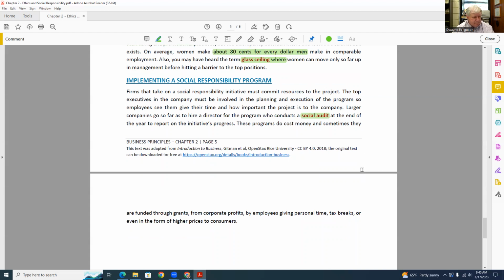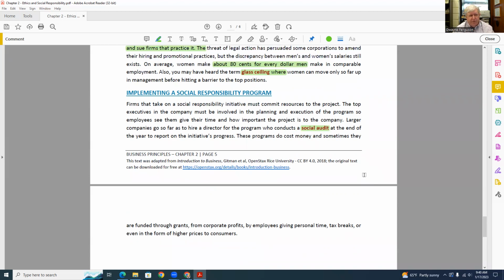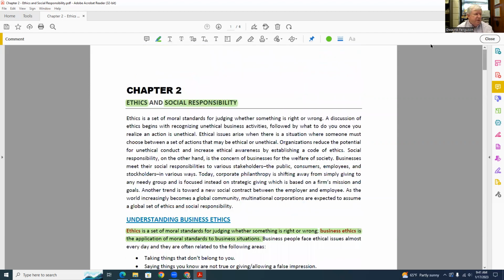And they may want to change from whatever they're doing this year to another type of investment in social responsibility. So anyway, the larger companies have a department that works on this and will do a social audit at the end of the year. And of course, they post it on their website and everything, so people will see that they're socially involved.